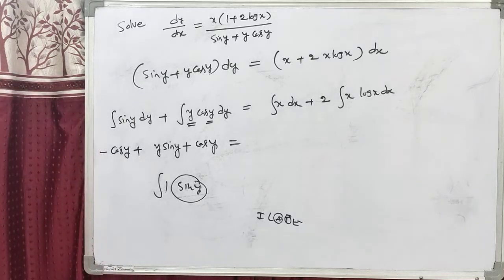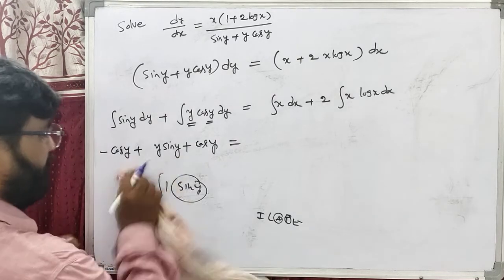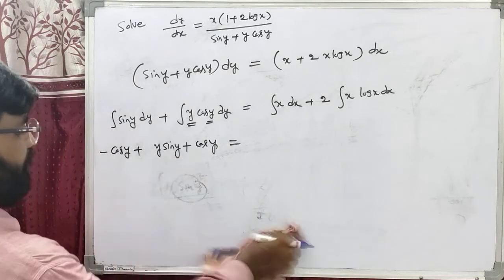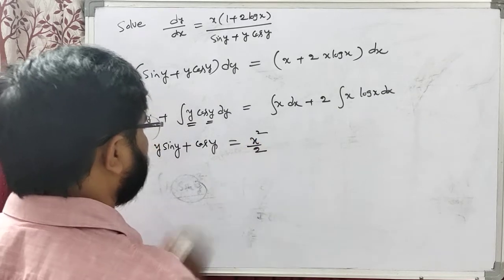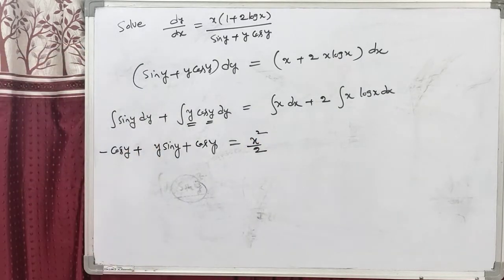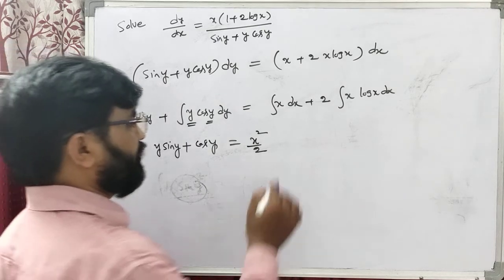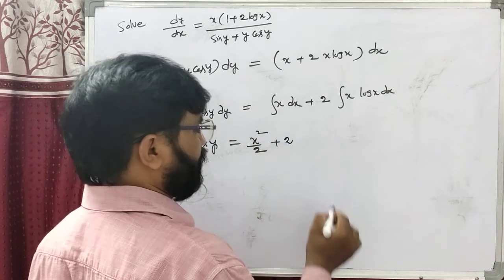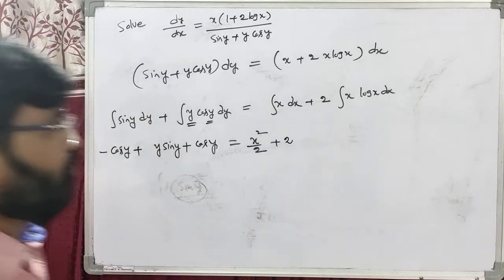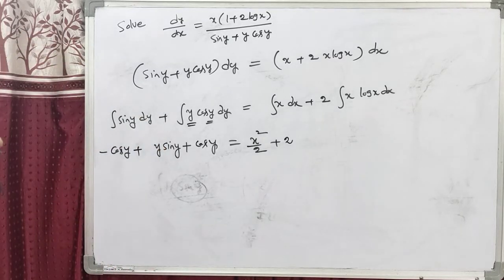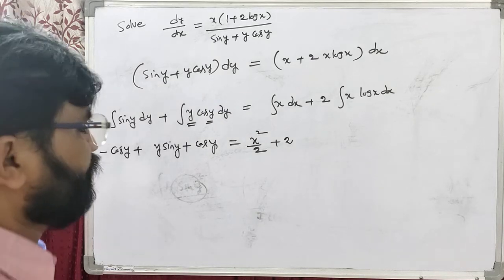Dear students, the next one: we have to know that the integral of x is x square by 2. Now, how can you apply it here? The 2 into I let, that is log first, after that x. How to write here?